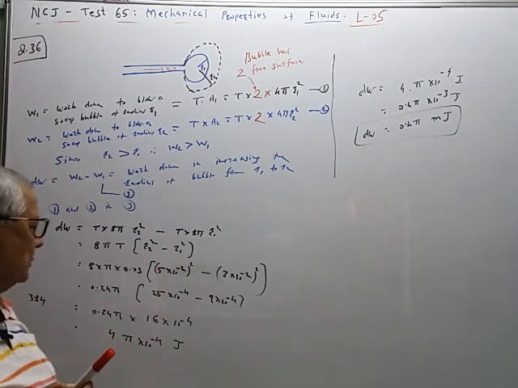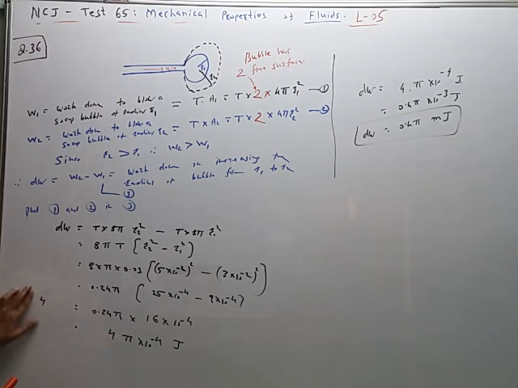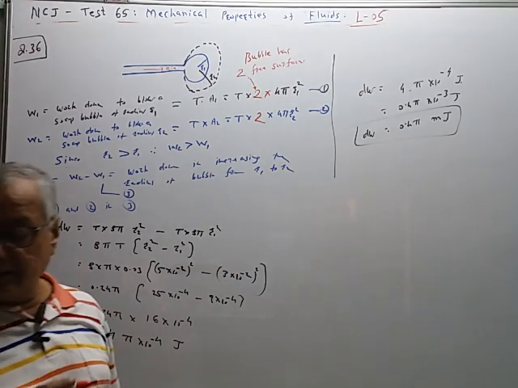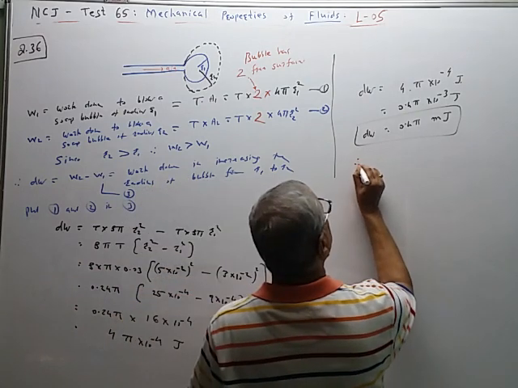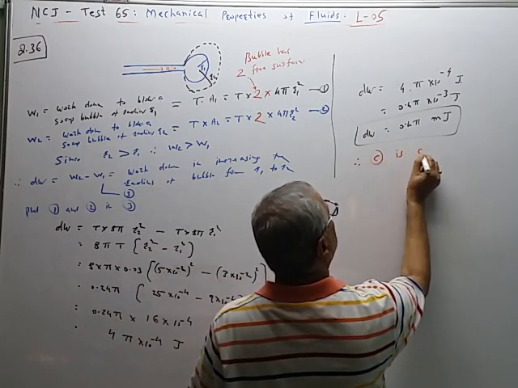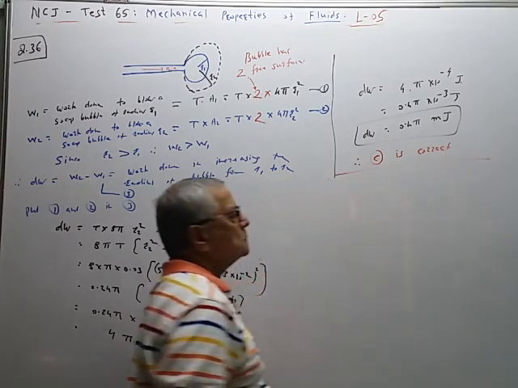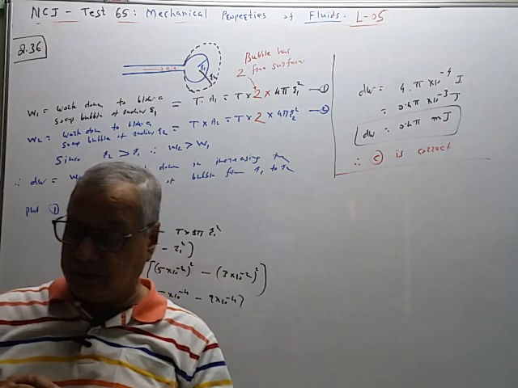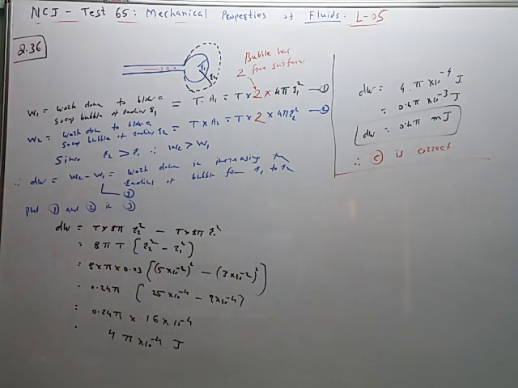This product of 0.24 and 16 is nearly 0.25 into 16, so 16 divided by 4 means 4 pi. So correct answer is C. C is correct.